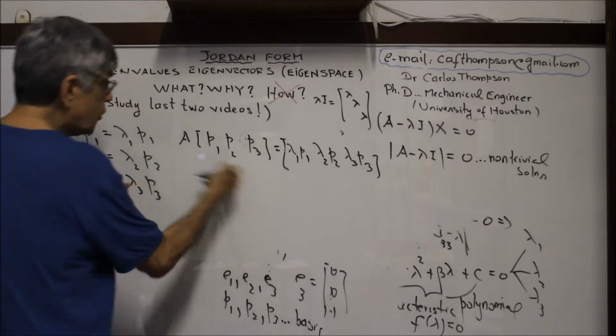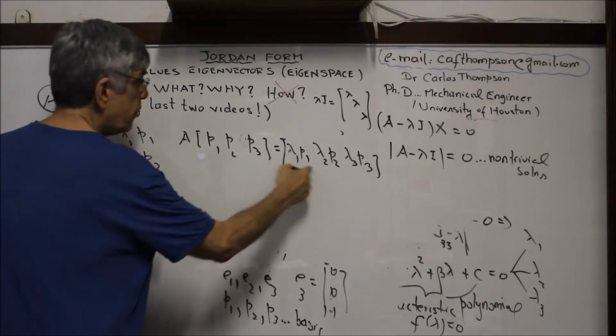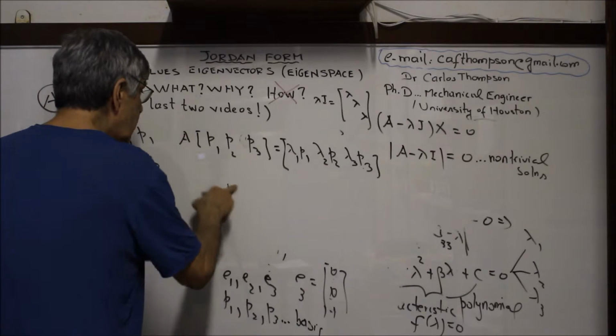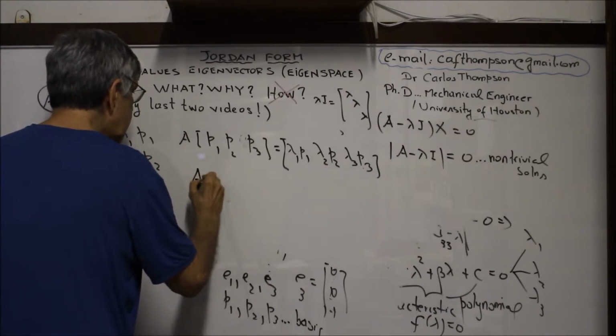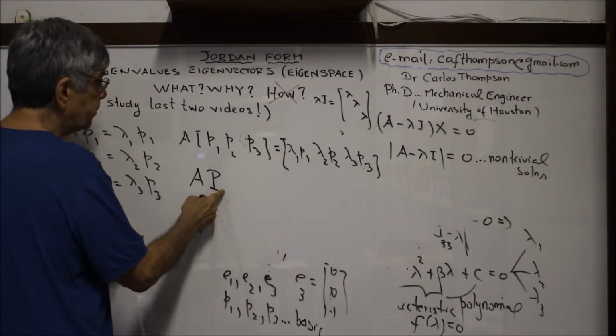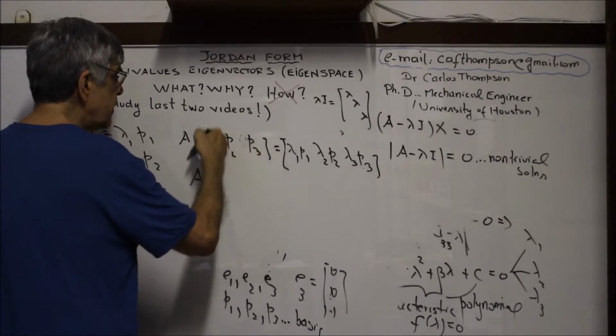Now, this is true, because A operating on P1, I have lambda 1 P1. How can I say this is AP? What is P? P is just this matrix here.